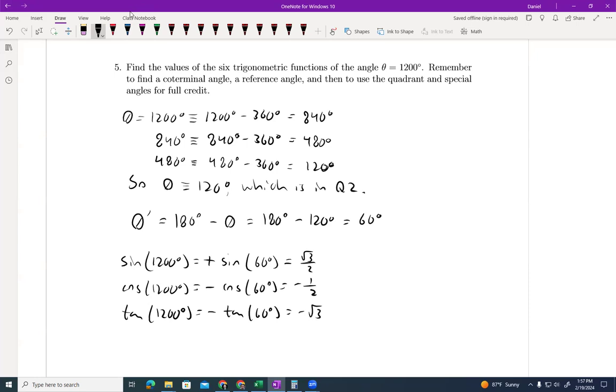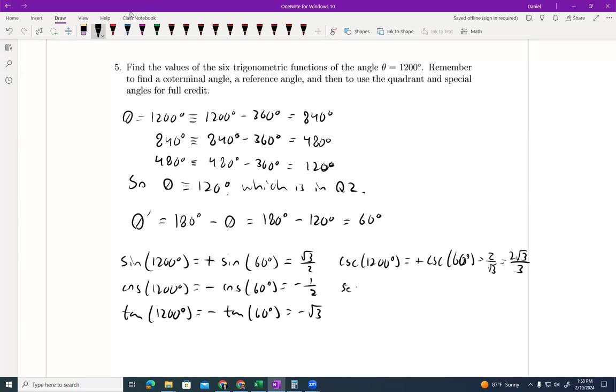Now cosecant of 1200 degrees will be positive cosecant of 60 degrees, which is just the reciprocal of sine of 60 degrees. So it's going to be 2 over the square root of 3, which we can rationalize by multiplying by square root of 3 on the top and the bottom: 2 square root of 3 over 3.